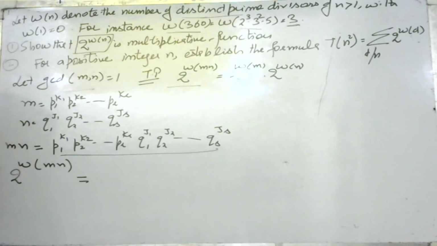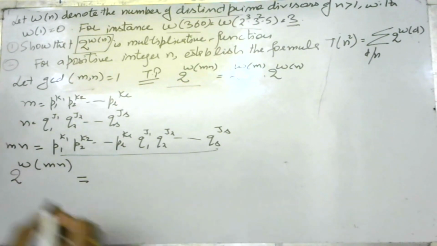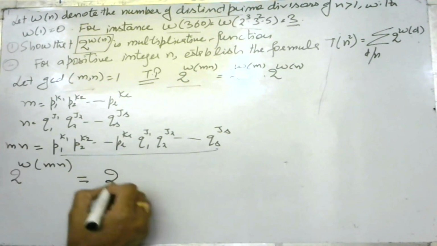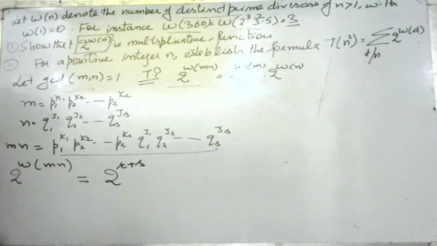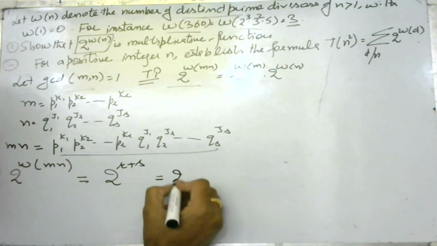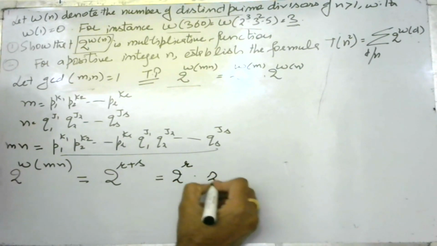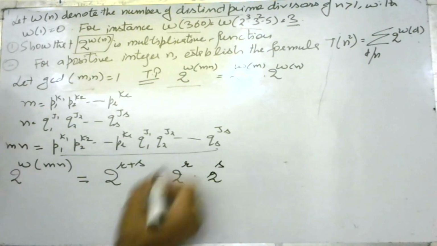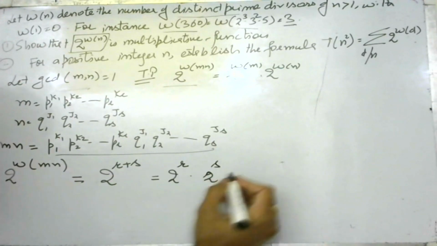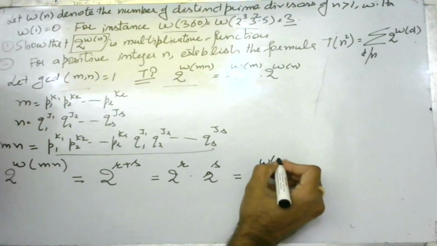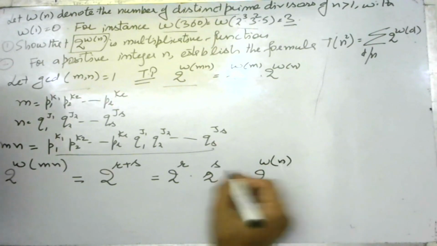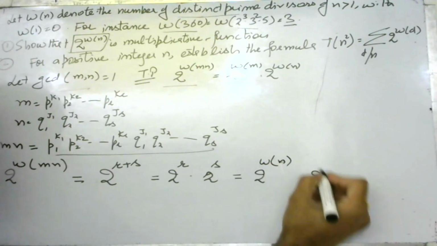How many are they? r plus s. So its value is 2 power r plus s, and very easily this may be written as 2 power r into 2 power s. And as you see, 2 power r is actually 2 power w(m), and 2 power s is actually 2 power w(n).